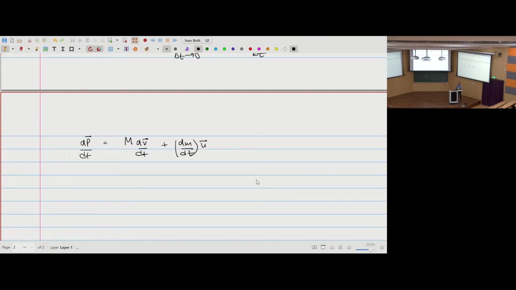Now the quantity dm/dt and dM/dt, they are related. Somebody tell me how they are related. Small m is the mass of the gases being released and capital M is the mass of the rocket.